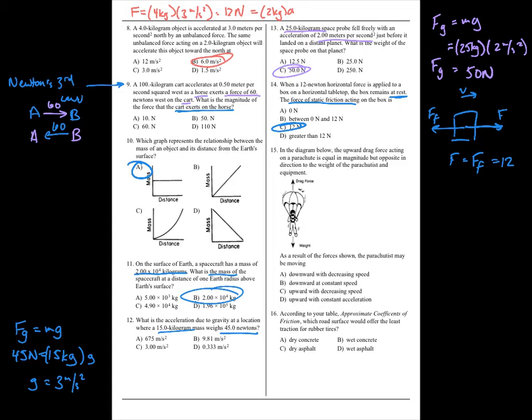15. Now drag force is the same as weight in this case. So they're equal in magnitude but opposite in direction. So Fg equals drag force. And when this happens, we are in equilibrium.